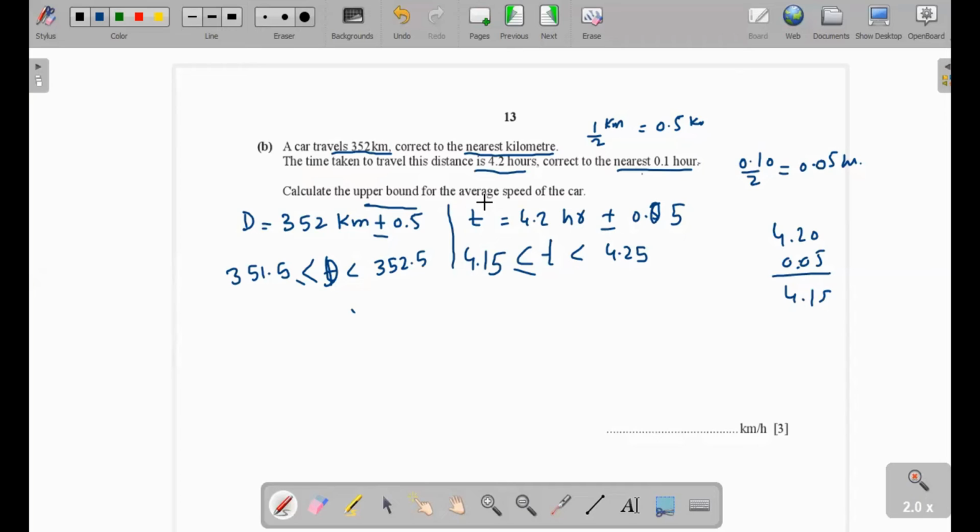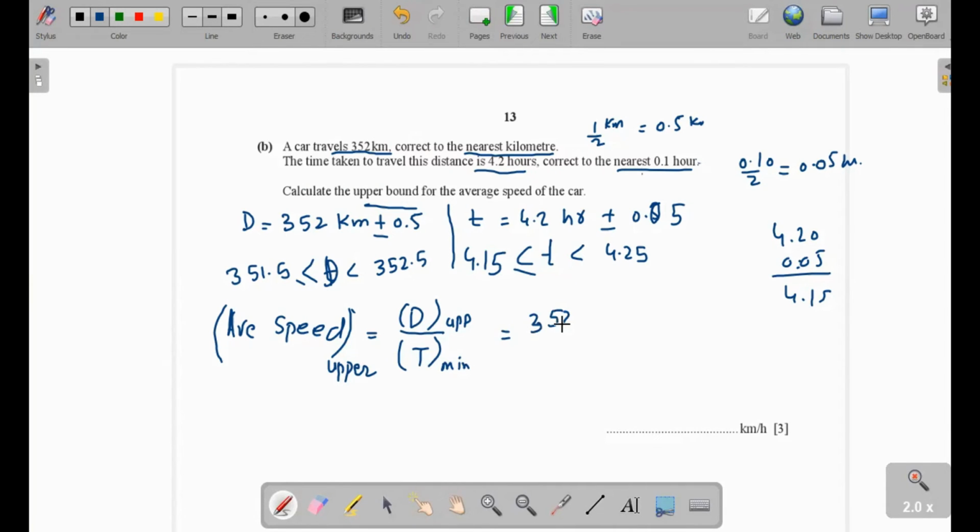Now we have to find the upper bound of average speed. The average speed formula is total distance divided by total time. For the upper bound value, the distance should be the upper value and the time should be the minimum value. The distance is 352.5 and the time is the minimum, 4.15 hours.